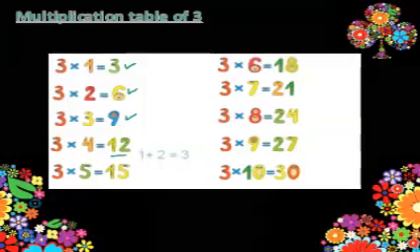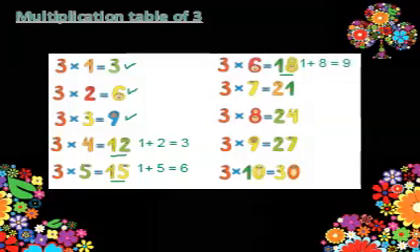If you add them together, 1 plus 2, you are going to get 3. Now if you add 1 plus 5, you are going to have 6. Now if you add 1 and 8, you're going to have 9. Let us continue.